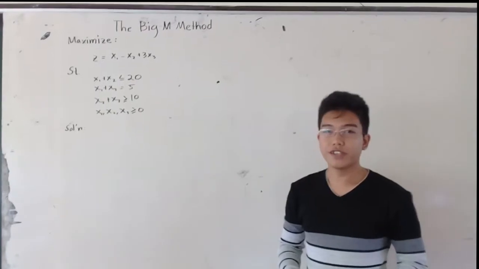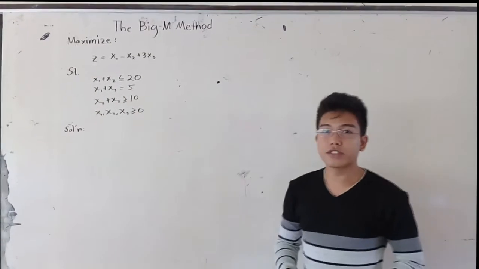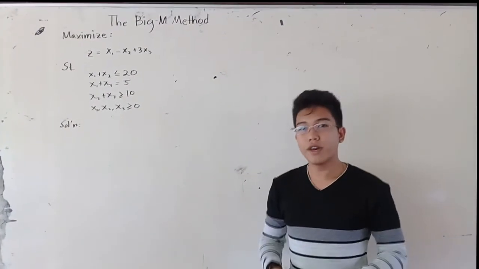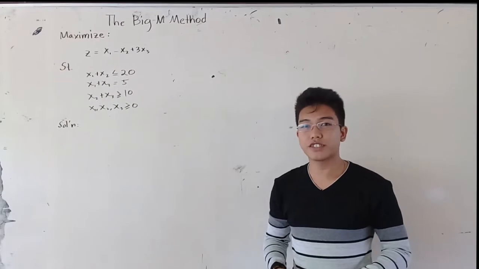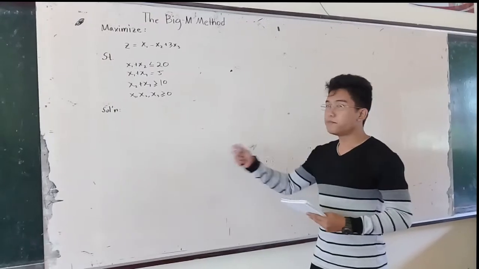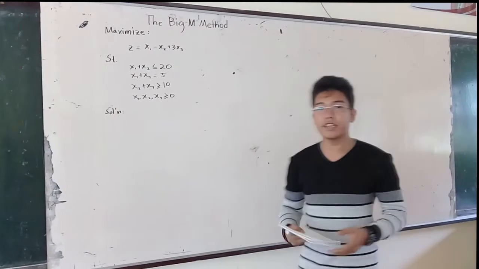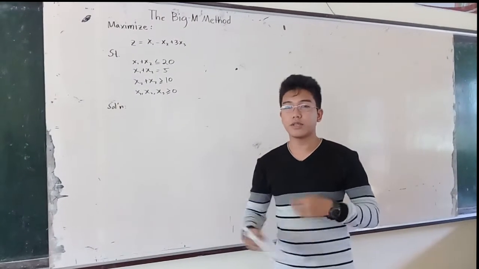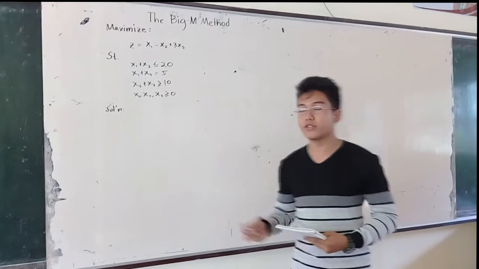Good day, everyone. So today we're going to talk about the Big M method. Now, when can the Big M method be used in solving for the optimal solution of a problem? In the Big M method, we cannot simply proceed to the simplex method routine like we used to do.